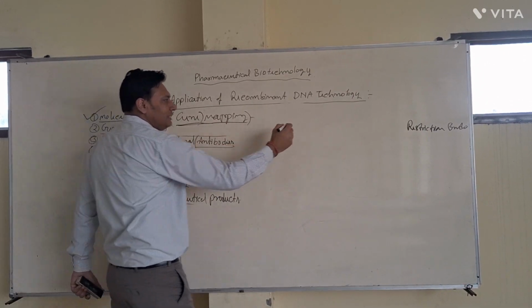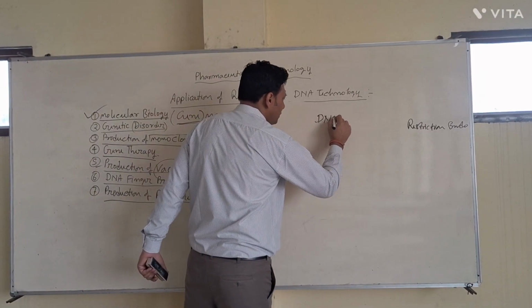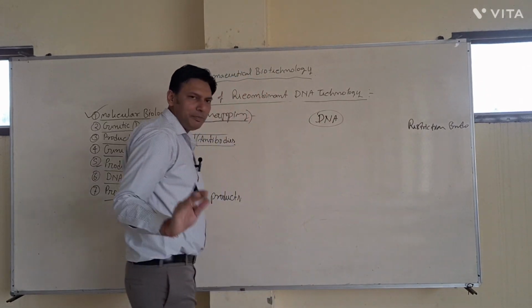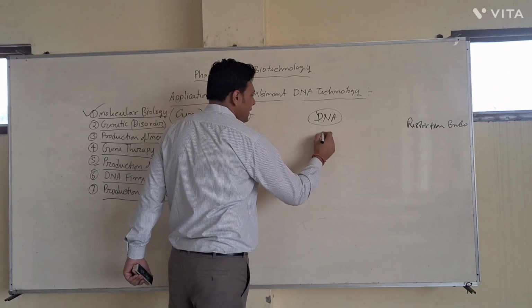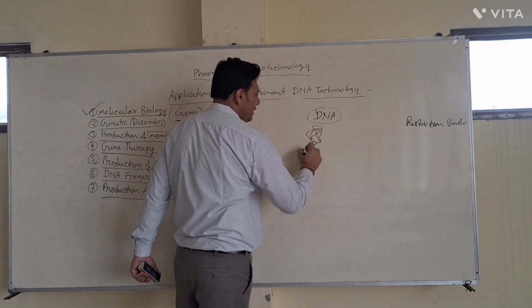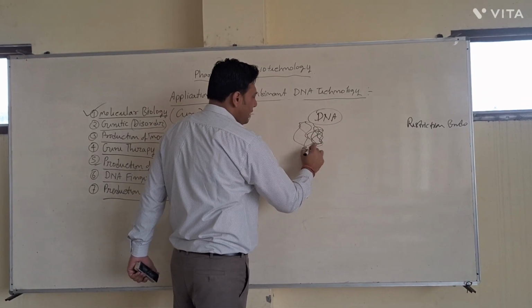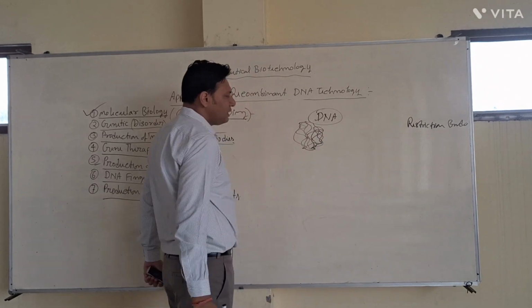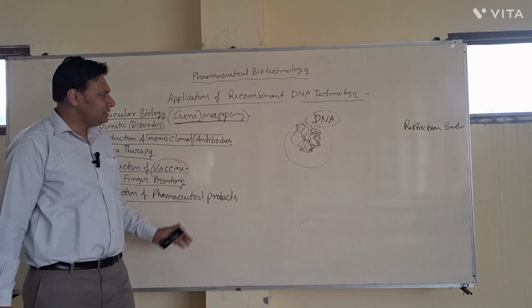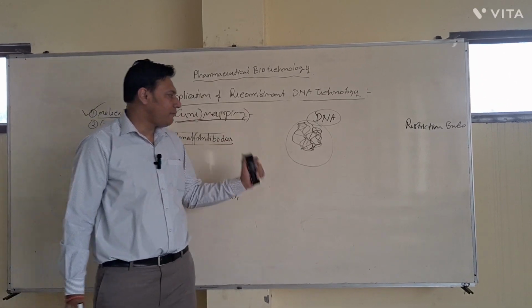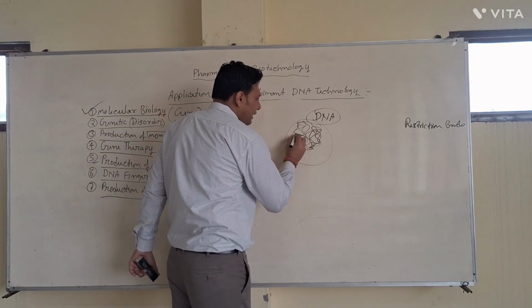Gene, you know very well, is the DNA which we are going to multiply, but mapping means identification. How to identify, how to recognize. This is the genome. From this genome, it is very difficult to identify our target gene.